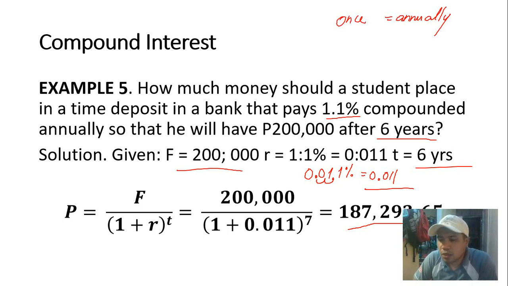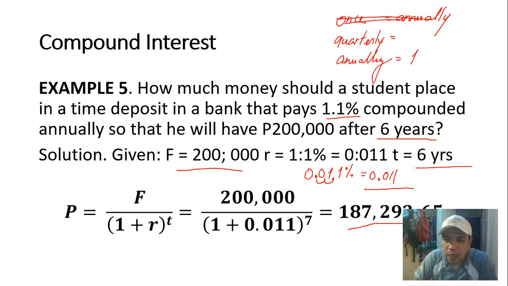The contribution to SSS or GSIS, I think, is quarterly. What does quarterly mean? Every 3 months. So, annually is 1. Quarterly is every 3 months, so in 12 months, that is 4.